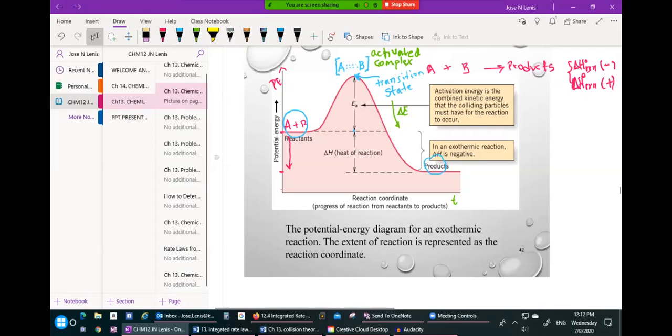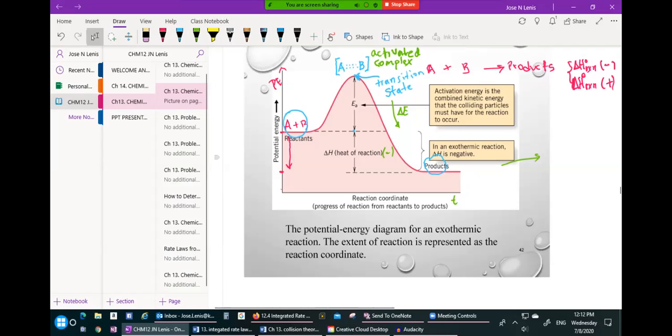So at least the reaction now is making products with lower potential energy and will release the extra energy here, delta H. This delta H has a negative sign because it's energy released by the system.